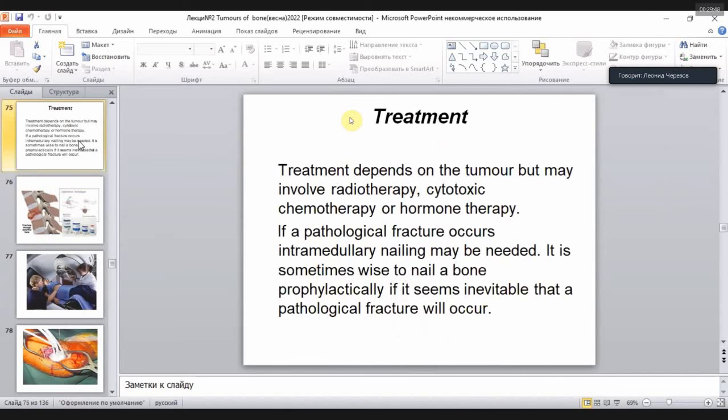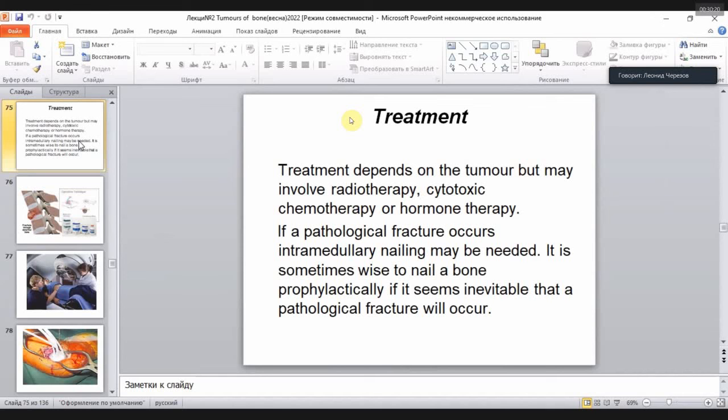Treatment. Treatment depends on the tumor but may involve radiotherapy, cytotoxic chemotherapy, or hormone therapy. If a pathological fracture occurs, intramedullary nailing may be needed.